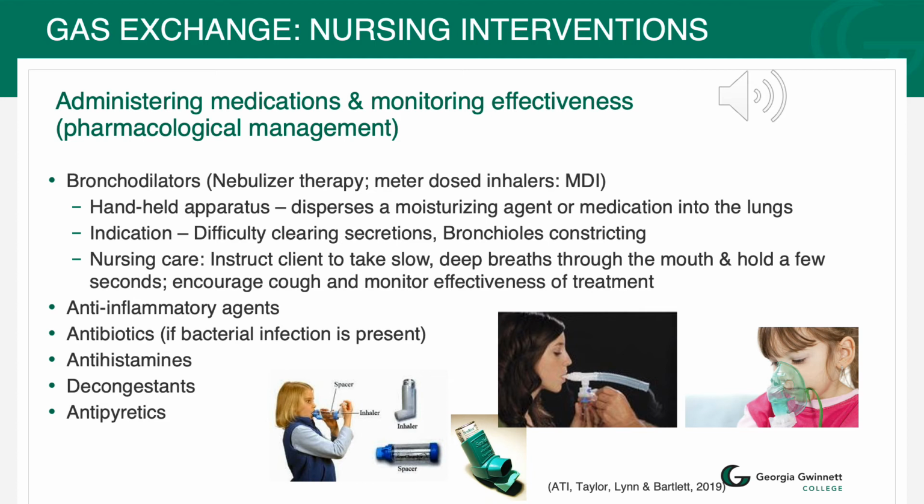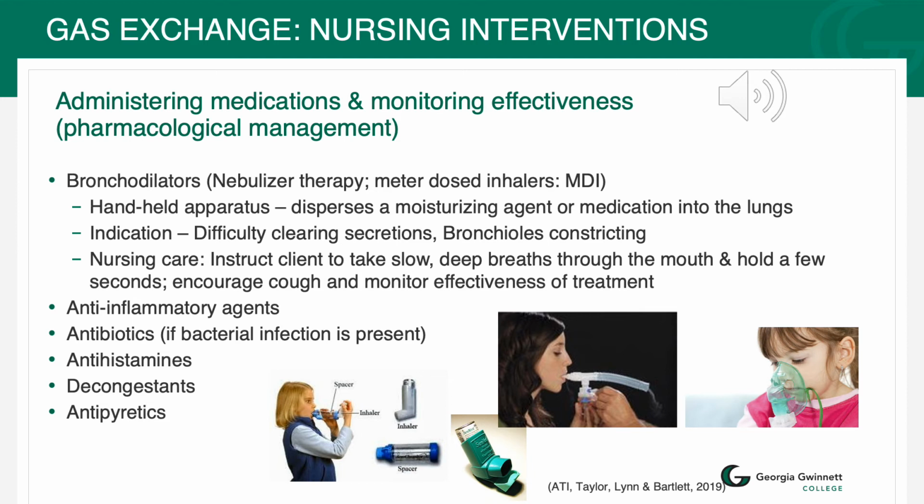The first line of medications for someone that is experiencing difficulty breathing or shortness of breath related to bronchoconstriction is going to be a bronchodilator, right? So it is something that's going to open up their airways.